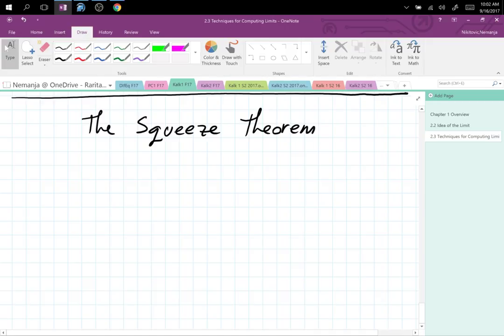So the squeeze theorem states that if you have a very nasty limit to compute and you're able to find two other functions that would squeeze the nasty function in between, sandwich it, and those two functions have the same limit at the point, the squeezed function, the bad one, will have the same limit.